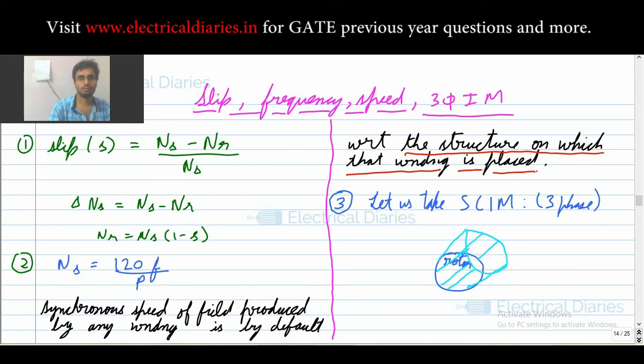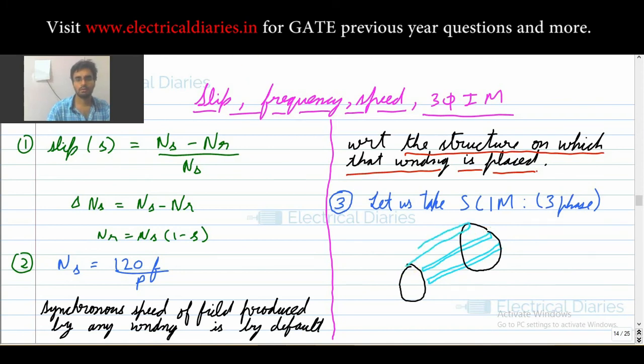Let me draw it nicely. These are your bars, and this is your ring. These two rings are connected by your bars.